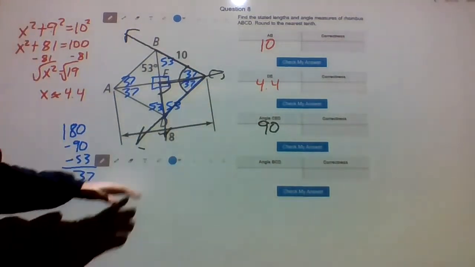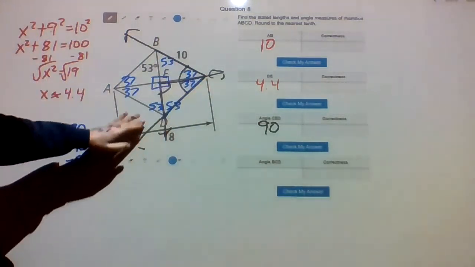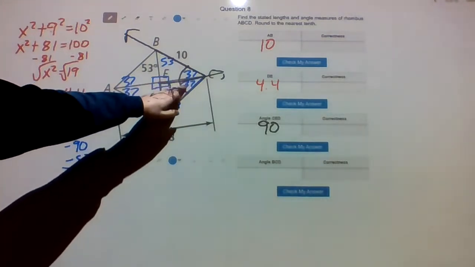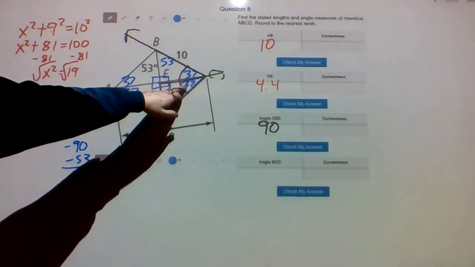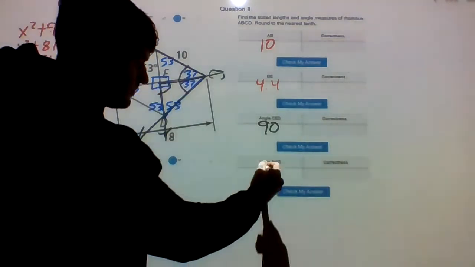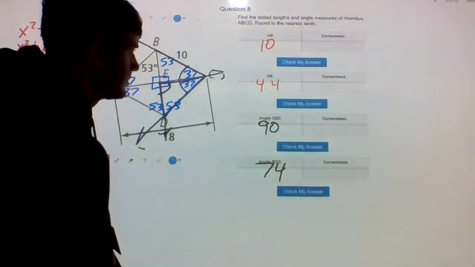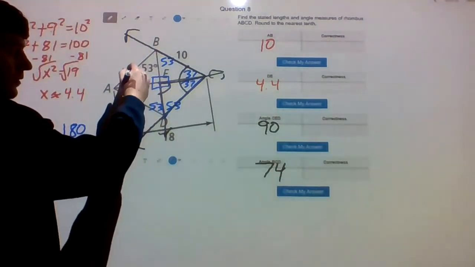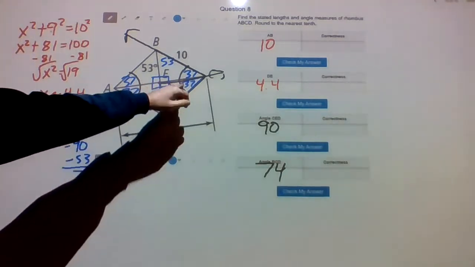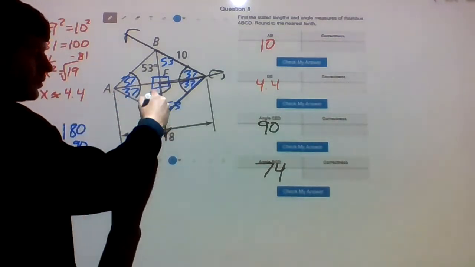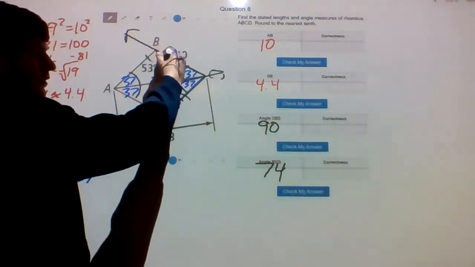So 37 plus 37 is going to be 74. So the whole angle there is 74, and the whole angle there is 74. And the big angles here would be 106, and then here would be 106.